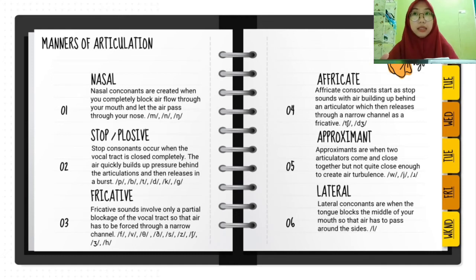Zip, jazz. Air is forced through tongue and alveolar ridge. Shoot, brush. Air is forced through the tongue and point just beyond alveolar ridge. Vision, measure. Air is forced through the tongue and point just beyond alveolar ridge.